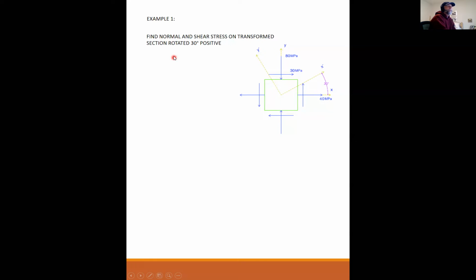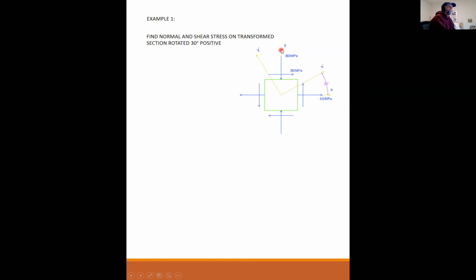So if I rotate my coordinate system 30 degrees positive, this is what it looks like. And usually these types of problems are going to give you sigma x, sigma y, and tau. And again, I didn't label all the vectors because if you know one of the shearing stresses, you know the other three.